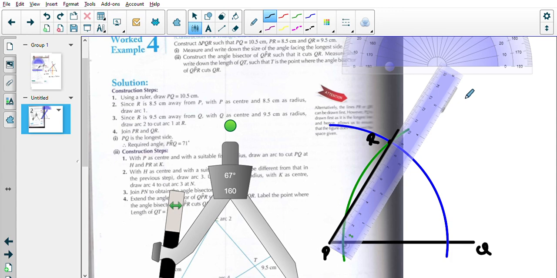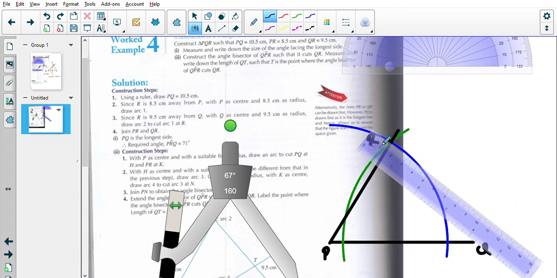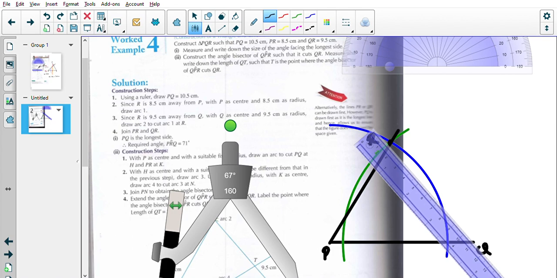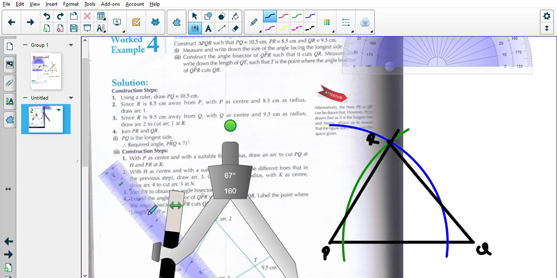So I have to draw the length of QR, and I have to adjust. So wait a moment. Alright, now I have already done. Okay, now I will draw the line QR like this. Now we have already finished. Alright, now we have already drawn the triangle PQR.